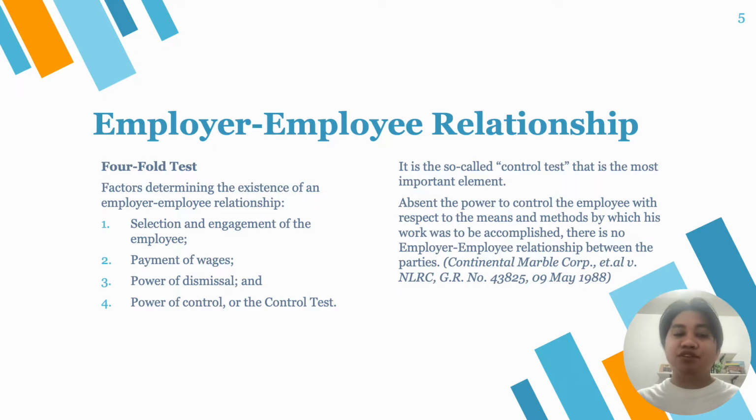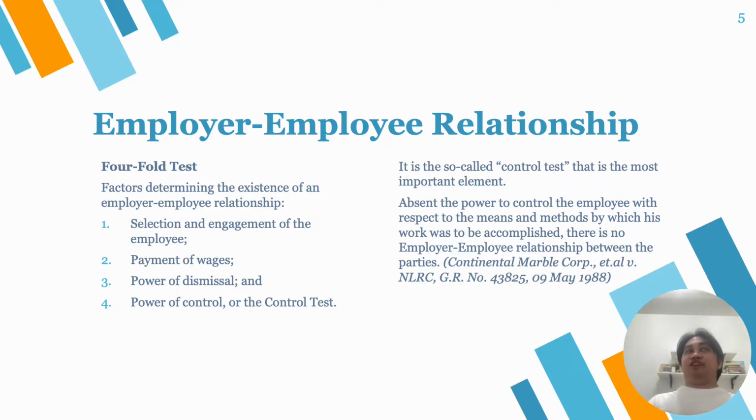The fourfold test is comprised of four factors, the presence of which determines the existence of the employer-employee relationship. First will be the ability of the employer to select and engage the employee. So if an individual selects another individual from a crop of applicants and then engages that individual, then that individual could be an employer, or the hired or engaged individual could be an employee.